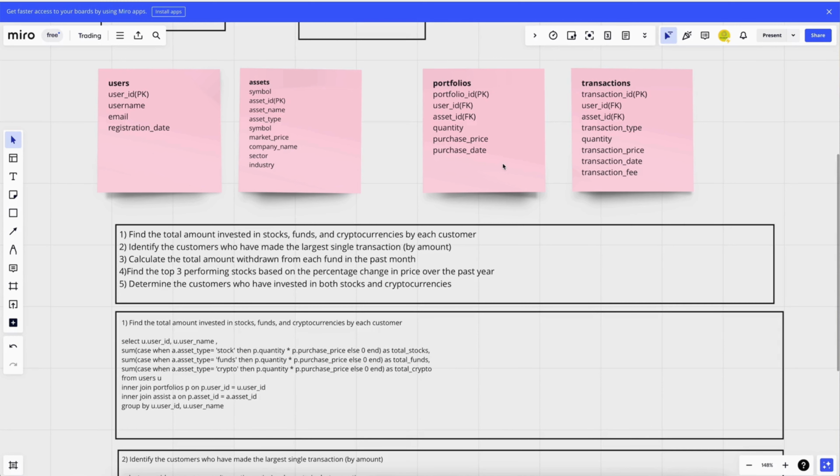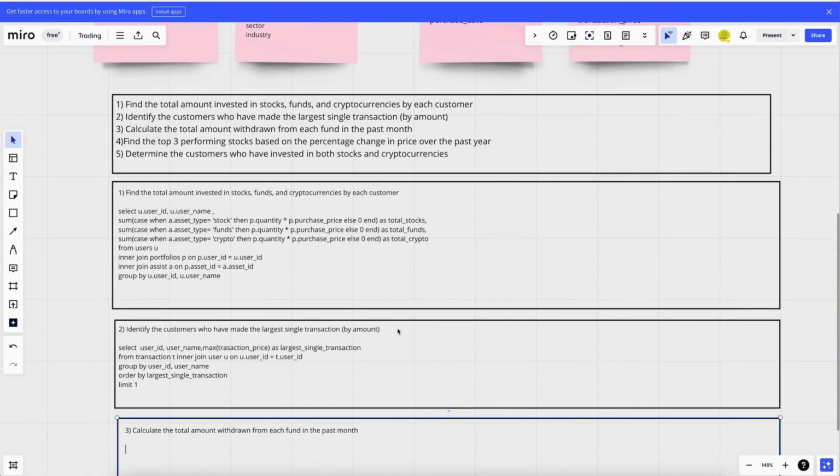Again, we can check with the interviewer the difference between the purchase price and the transaction price. The only difference is the transaction price will have the purchase price plus the transaction fee, and the purchase price will have just the purchase price or the market value when that asset is bought or sold. So we need to check with the interviewer which one we need to use.